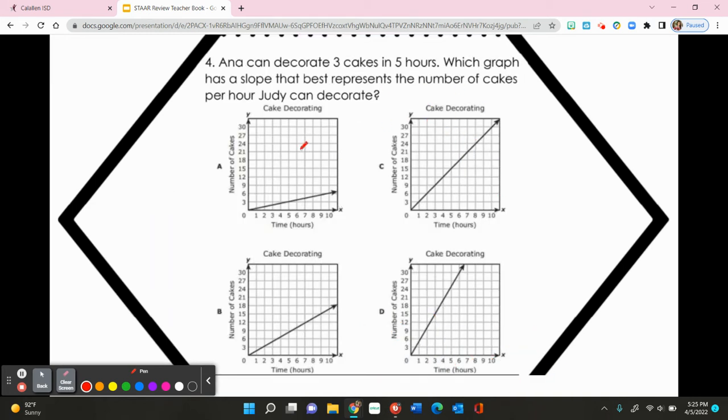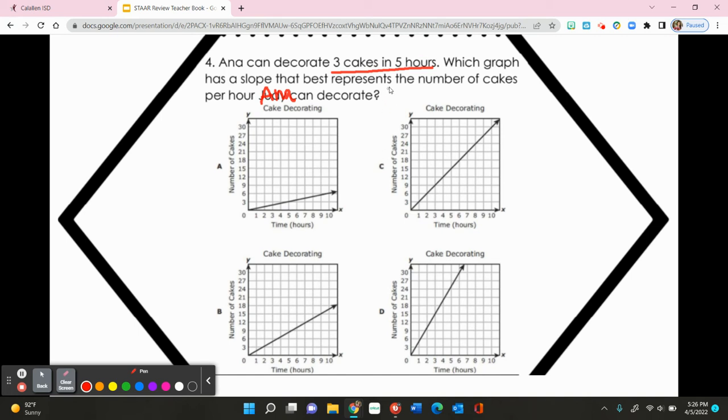Let's go ahead and look at number 4. For number 4, it says Anna can decorate 3 cakes in 5 hours. Which graph has a slope that best represents the number of cakes per hour? With these types of questions, all you have to do is look at the graph and basically look for that point.